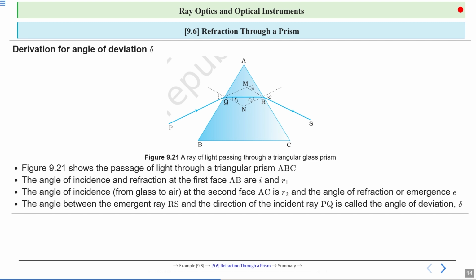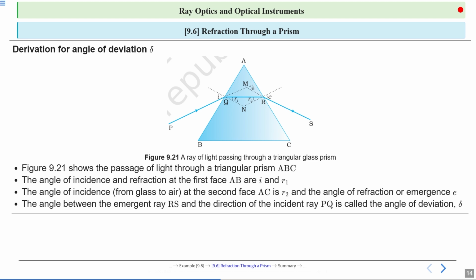The angle between the normal to the AB surface and the incident ray PQ is I. The angle between the normal to the AC surface and the emergent ray RS is the angle of emergence. Okay, and R1 is the angle of refraction at the first surface and R2 is the angle of incidence at the second surface when light is going from the prism to another medium.